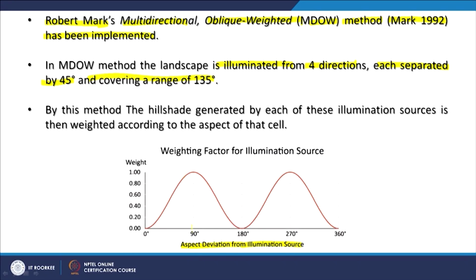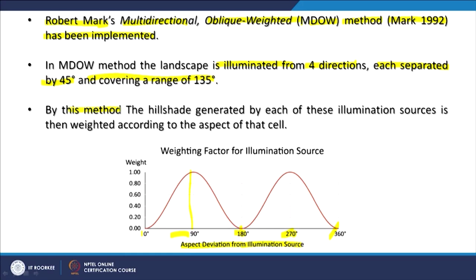So, if they are at 90 degrees, then maximum weight; if it is 180 degrees, this is minimum weight, keeping that illumination is coming from say one particular direction. So, if there are 4 directions, we will illuminate from all directions. So, this direction, this would be, and that would be also. 0 and 360 degrees in a whole circle is the same.